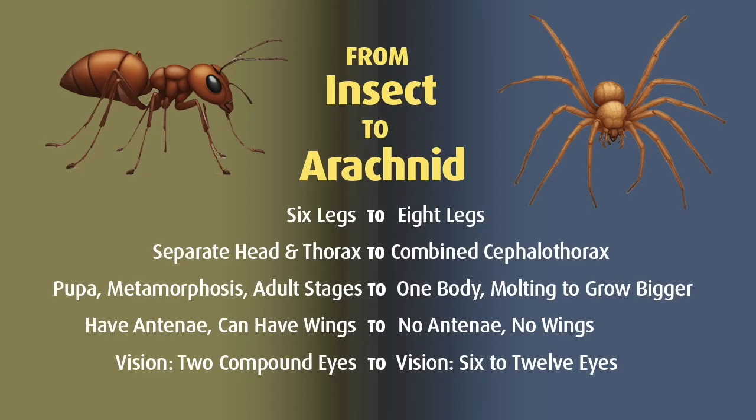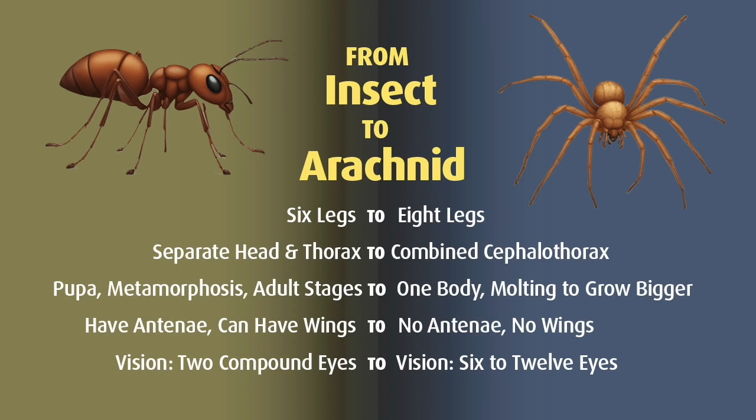Insects have life stages of pupa, then metamorphosis, and then the adult stage. But arachnids just have one body and they molt the skin and grow bigger and bigger to accommodate their growing. Insects have antennae and can have wings, and the arachnids have no antennae and no wings. And then the vision is different too.